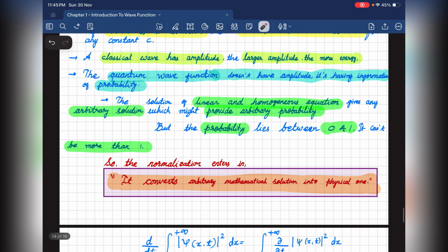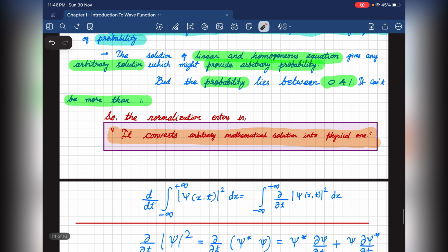The Schrödinger equation doesn't know anything about probability. It only tells us how psi evolves, how the shape changes over time. But to interpret psi physically, we must impose a rule, and that is normalization. So the solution gives the shape, but normalization gives the physical meaning.